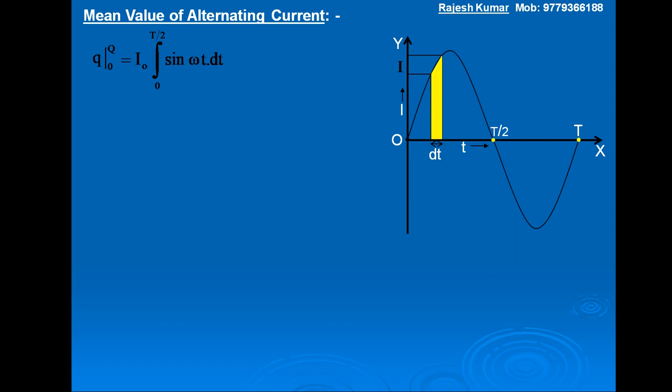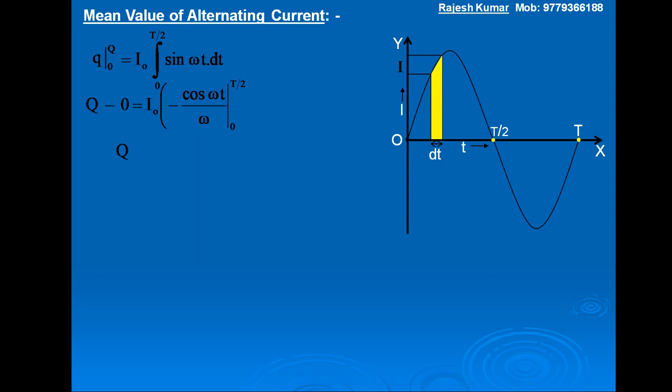Now the integration of sine is minus cos, so this becomes capital Q minus small q; first put the upper limit, minus then put the lower limit. So capital Q minus small q becomes equal to I naught into cos omega t by omega, with limits from 0 to T by 2. We have to divide by omega according to the chain rule.